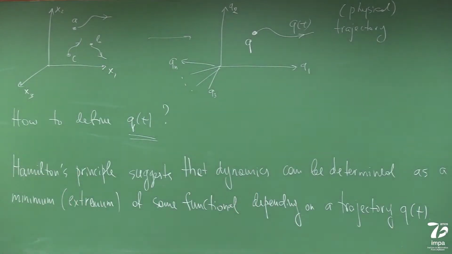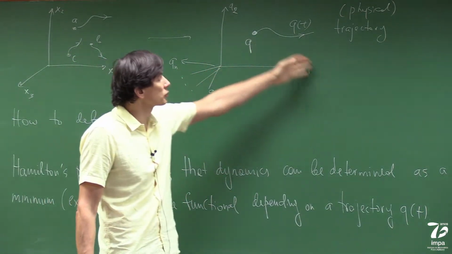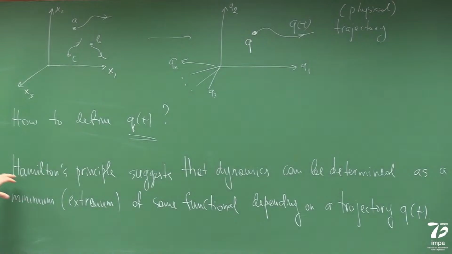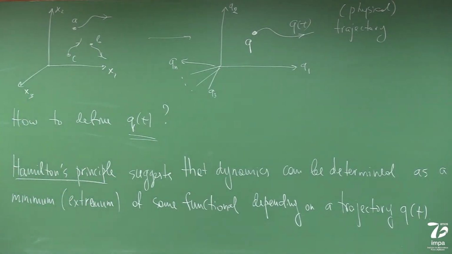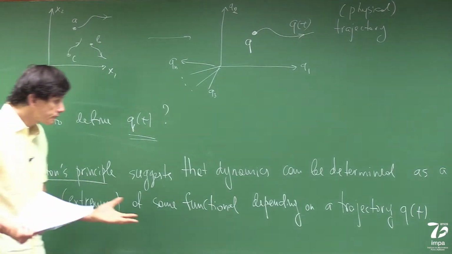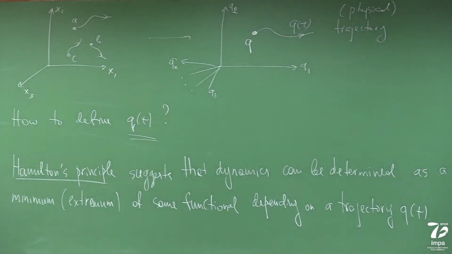What does it mean? A functional means that for every trajectory we give a number. So the Hamilton principle just tells that there is a function which gives a number to every trajectory, and the right trajectory is the one which gives a minimum of that function.